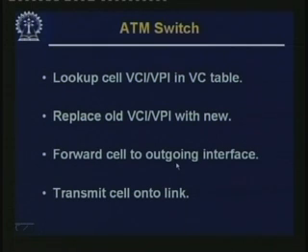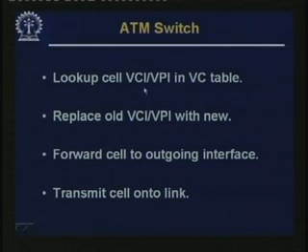So, you see that the basic concept of the cell remains the same. That means we have to find out the output port from the address, and here the address, once it is set up, is simply a small table of VCI VPI, which makes this lookup process much faster.